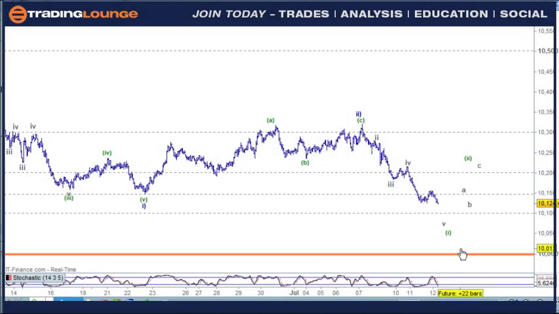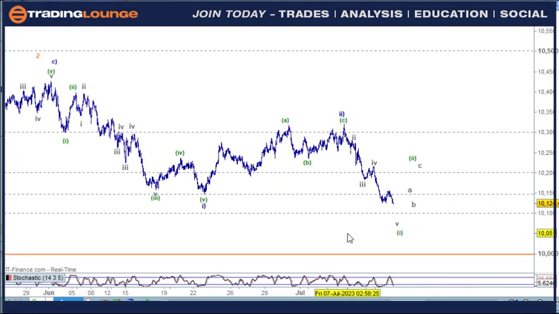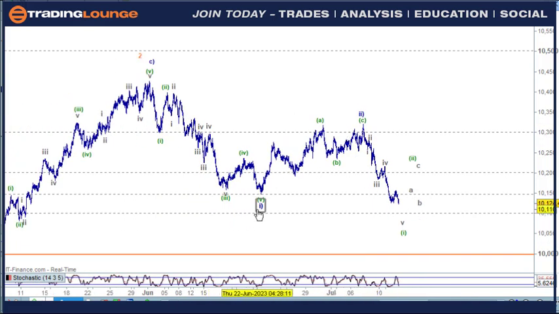We don't normally trade this as such, but we normally look at the euro dollar and the sterling and the Aussie and those sort of things. But either way, we're in this wave 1 and 2 for sure, and then wave 1 and 2 here. Now we're also in group 1 as well.